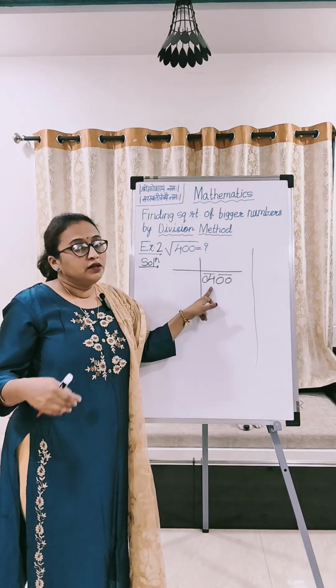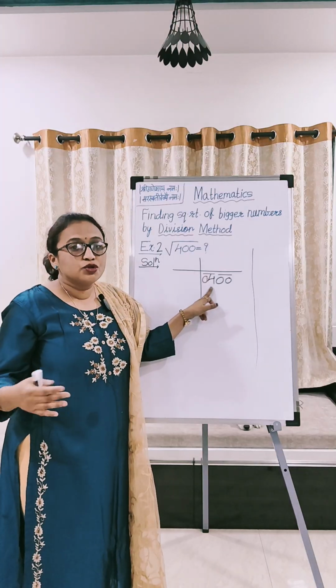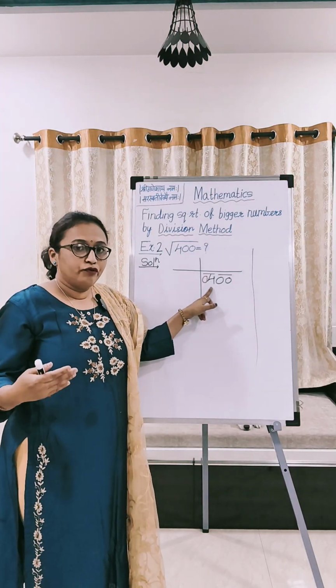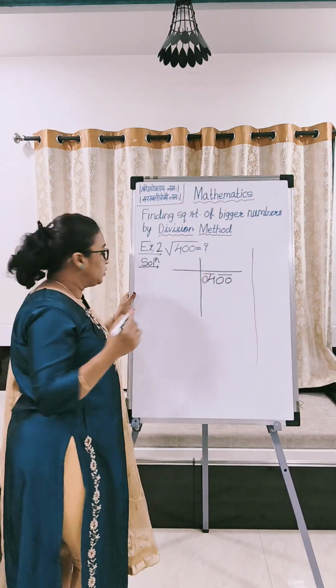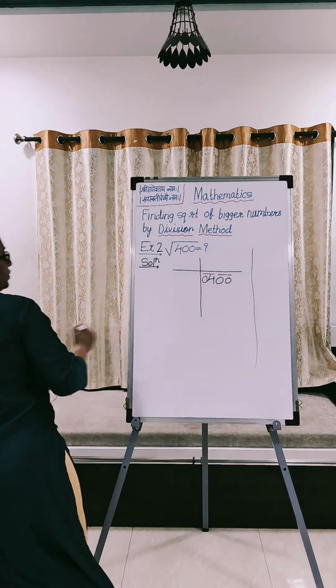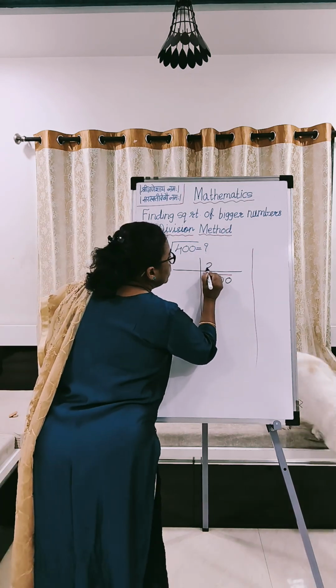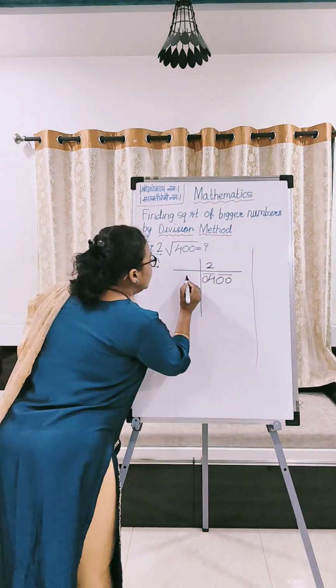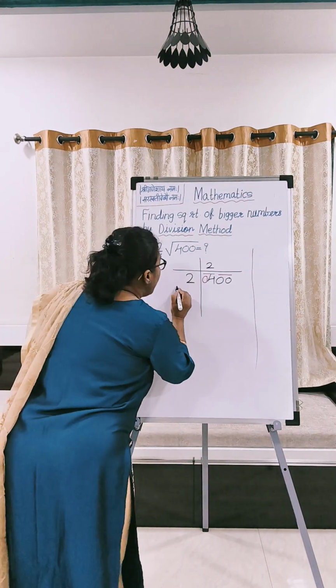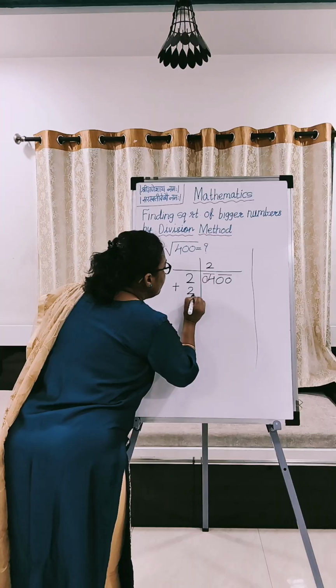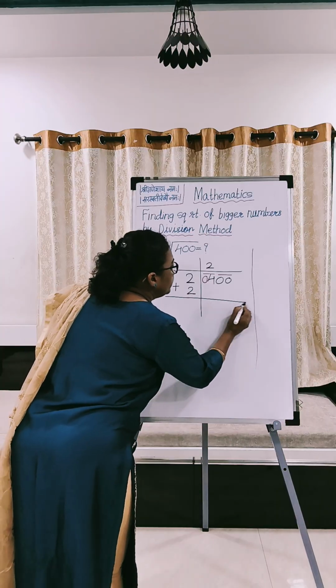We know that the square of 2 is 4, so we can subtract that 4. So we are going to write 2 here at the quotient's place first, then at the divisor's place second, and one more time below this 2.